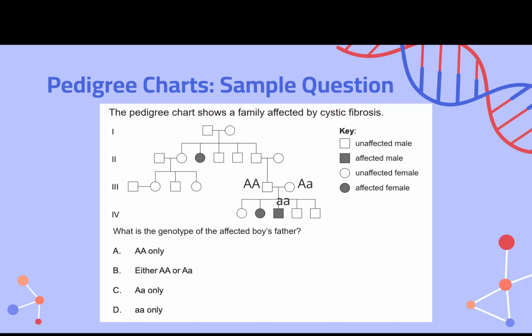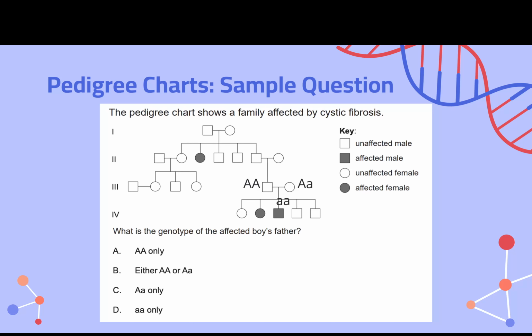The recessive or dominant part, you can kind of guess based on the pedigree chart, because when it's a dominant disease, if a parent has it, it's very likely that the children will all have it.